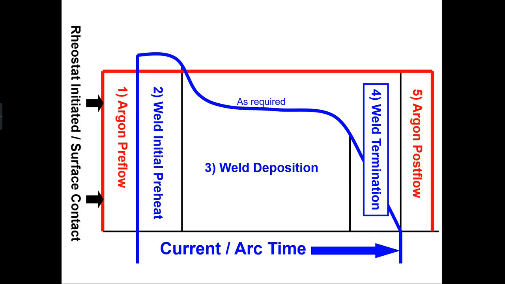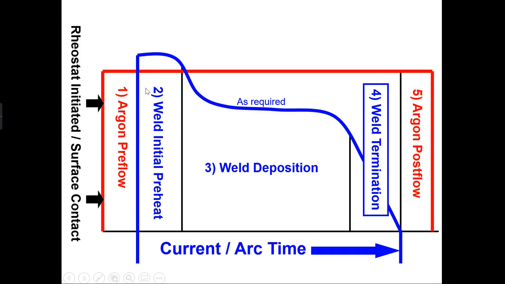That means you'll push the pedal or push the finger control or whatever you do to initiate the TIG process, and there'll be a slight pause. This slight pause purges all the air out of the area before the arc is struck, or before the arc is initiated in this case. So we have argon pre-flow that happens for just a few seconds.